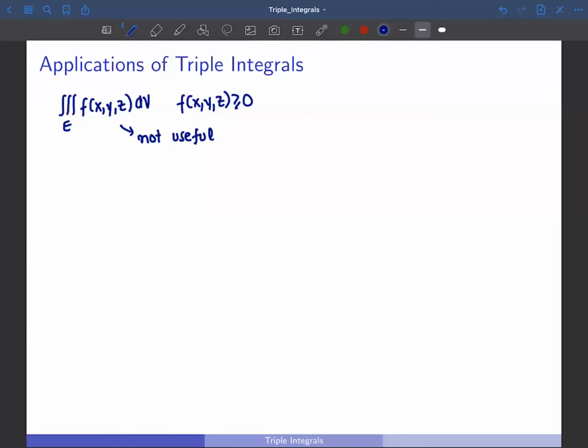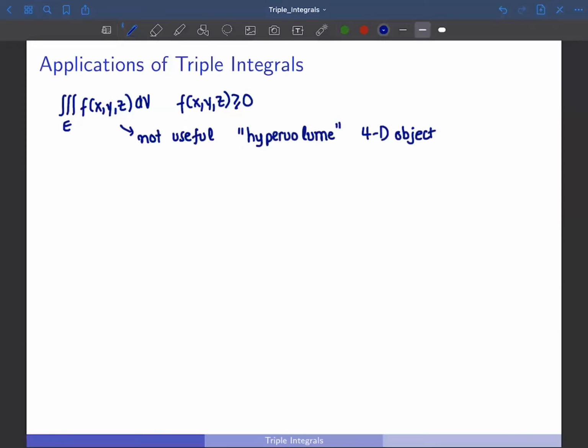This is because this would be a hypervolume. So this triple integral would denote the hypervolume of a four-dimensional object, which is very difficult to visualize.